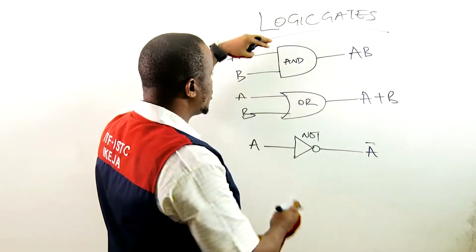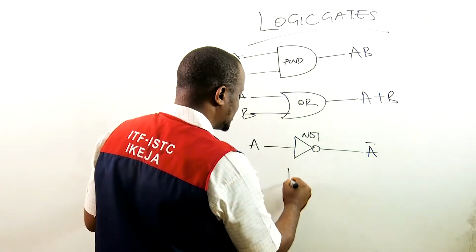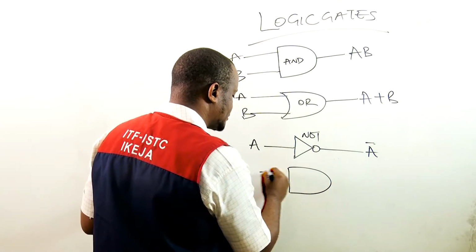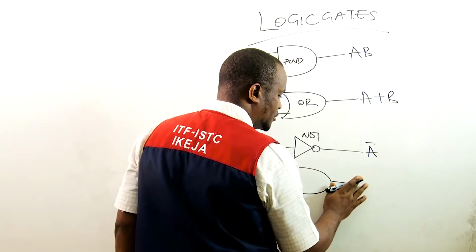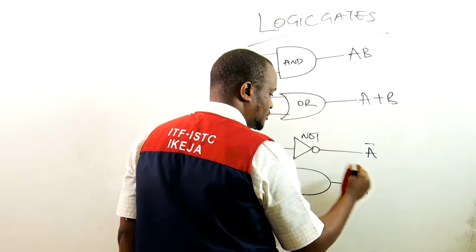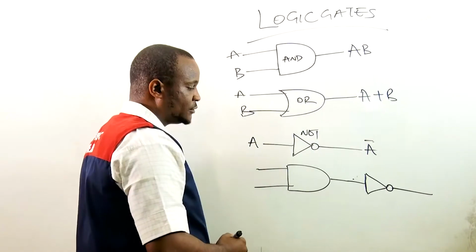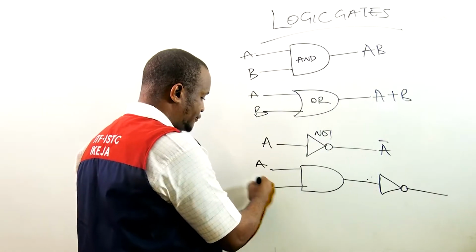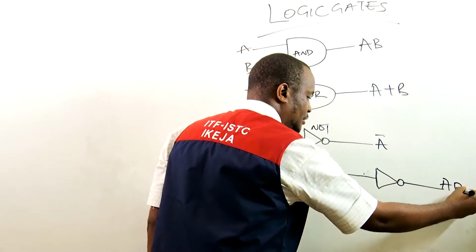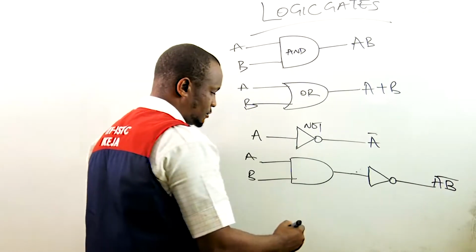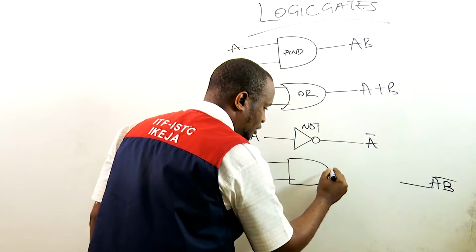Now from here we can combine to have the remaining ones, like the NAND gate. The NAND gate is a combination of the AND gate plus the NOT gate. So we add the NOT gate, this one. This is how it looks. But for simplicity, it is drawn this way, with just a circle.